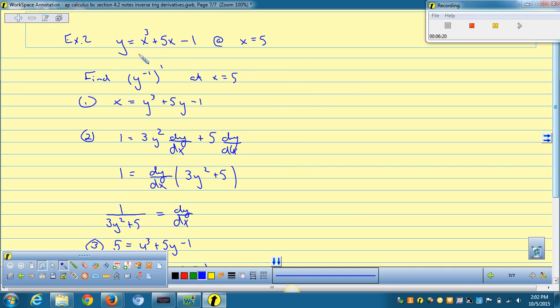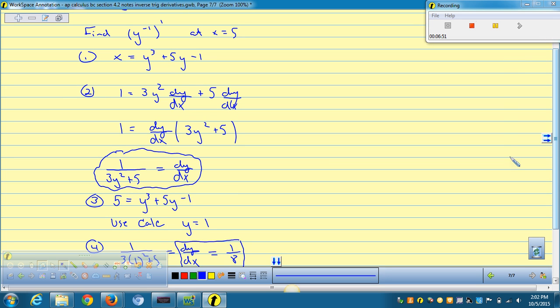This time we're given y equals x cubed plus 5x minus 1 at x equals 5. We want to find the derivative of the inverse at x equals 5. So again, we switch the x and the y. Then we take the derivative implicitly, factor out our dy/dx, and solve for dy/dx, and we get our derivative as 1 over 3y squared plus 5.